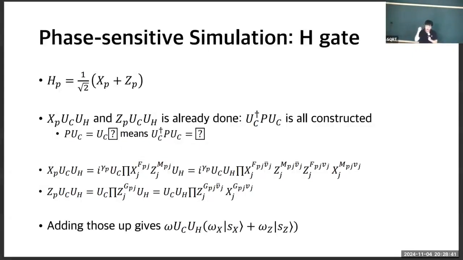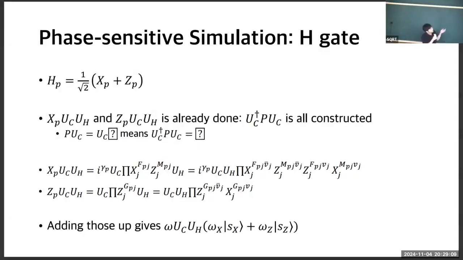So we can apply X_P before UC to change the order as intended because we already know how to change the order by UC dagger P UC, and then we have UC UH and then have X, Z components there, and they are going to be just applied to the bit string S.